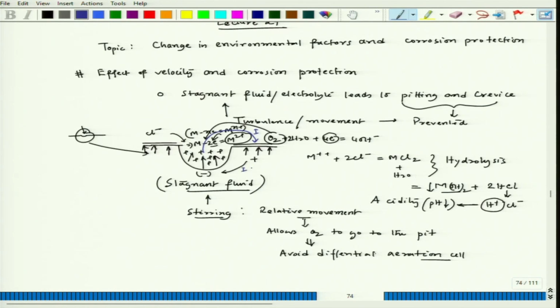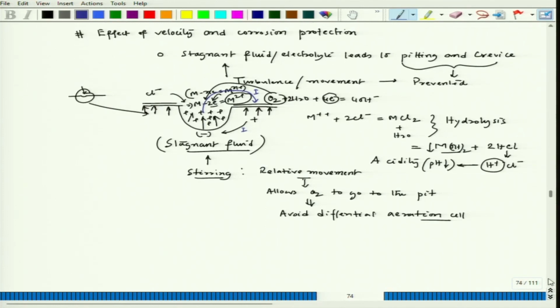Okay. So, if we do not have this differential aeration cell, then everywhere we have oxygen reduction. So, there will be no oxygen depletion in that small narrow pit region, and then we can avoid pitting. A similar situation happens in the case of crevice. So, a little bit of velocity or churning helps to avoid the differential aeration cell, and that avoids formation of pit or crevice.